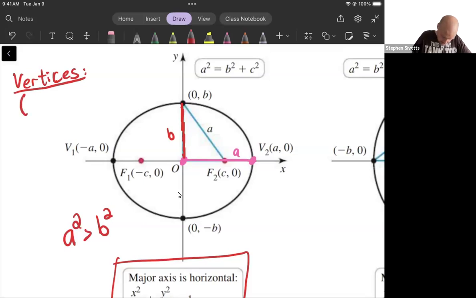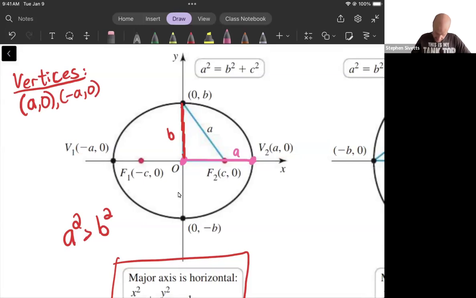So the vertices in this case are at (A, 0) and (-A, 0), which they label as V1 and V2 respectively. So they are called the vertices.